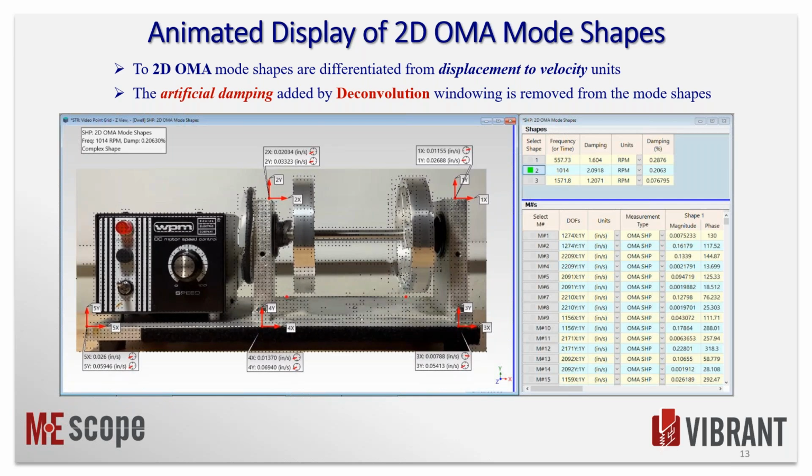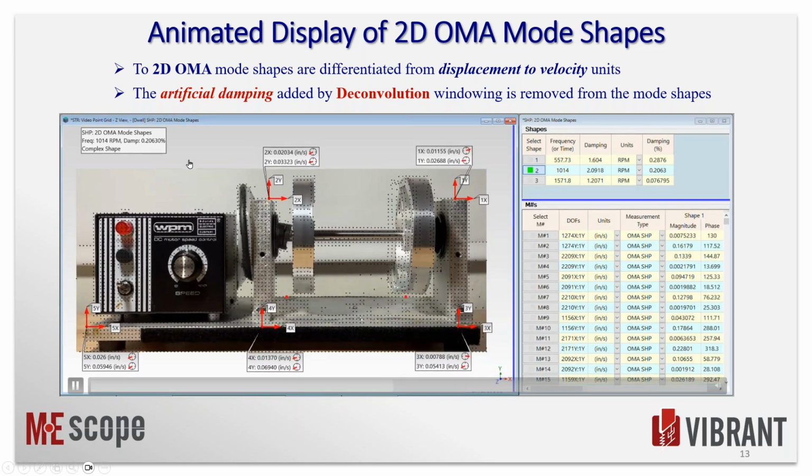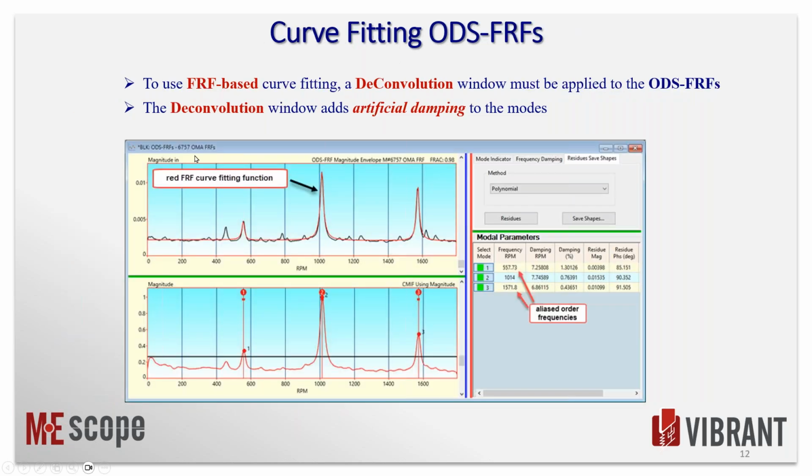is actually there. Now, another thing that goes on here, we can't use an FRF-based curve fitter on ODS-FRF data directly. So in MEscope, when we do this kind of curve fitting, and you can see the curve fitting function land right on the data, this is the magnitude of one of the measurements, actually an envelope. This is something else we do in MEscope because a lot of your measurements don't have much motion in them.